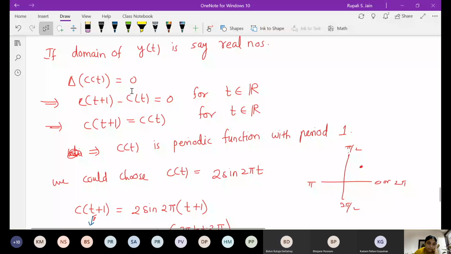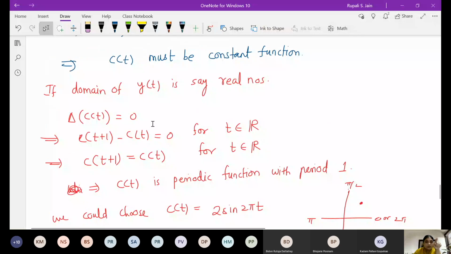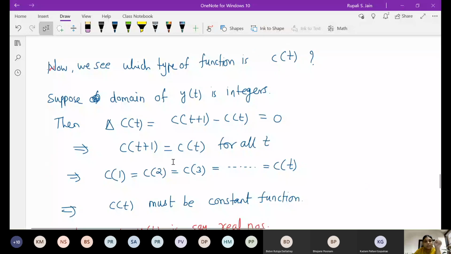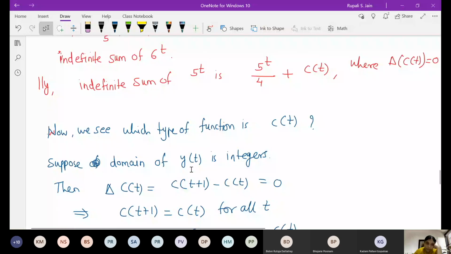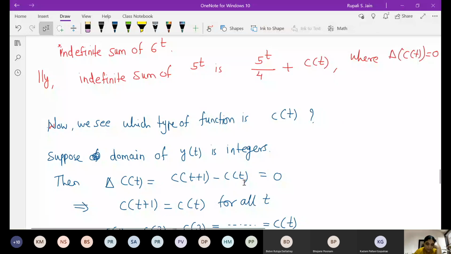Yes, ma'am. So that is the difference between differential equations and difference equations. In integration, only one constant will be there, for which in the indefinite integral we add plus c as constant. But in the case of a difference equation, it depends on the domain of the function. If the domain of the function is integers, then it is just a constant like in differential equations.